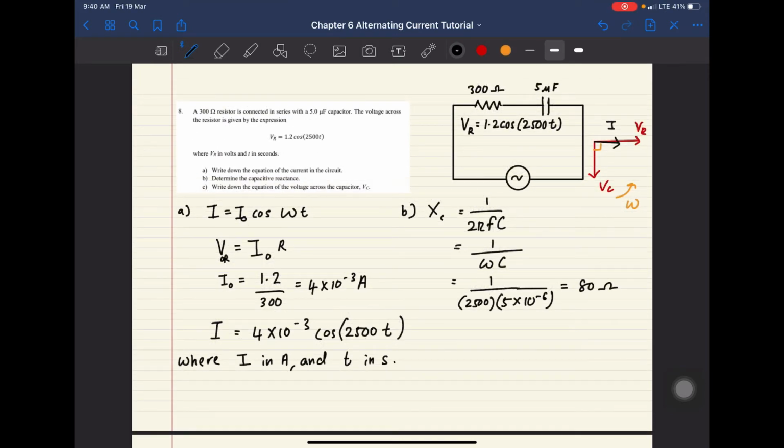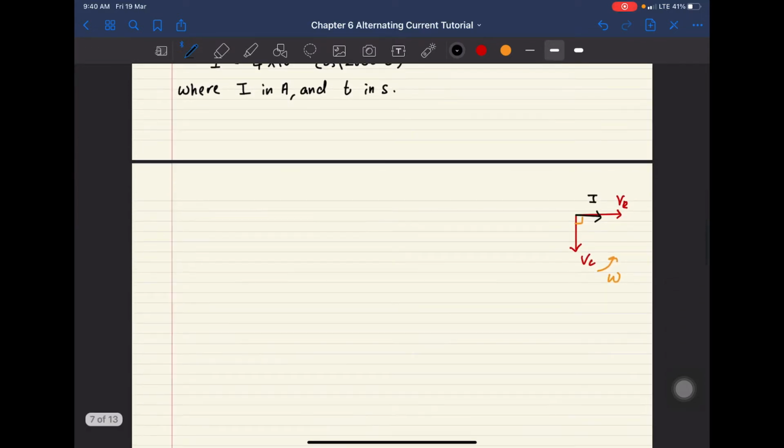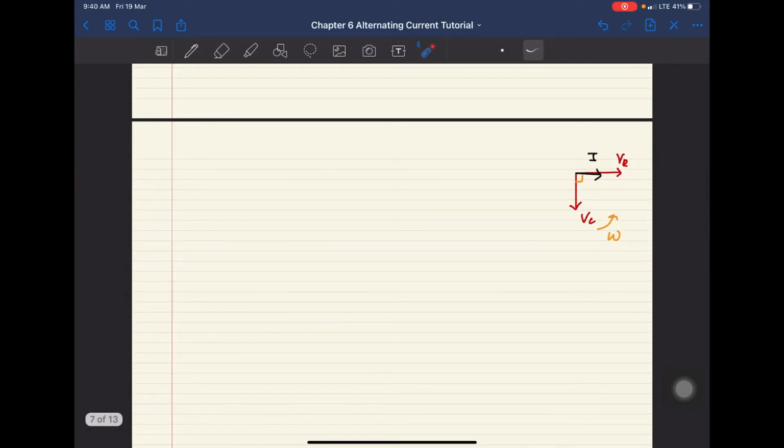For question C, they ask you to write down the equation of the voltage across the capacitor, VC. If I were to draw the phasor diagram, it will look something like this: VR, VC and I. You can see clearly that VC lags VR by 90 degrees. If I were to draw my graph, it will be something similar to this.